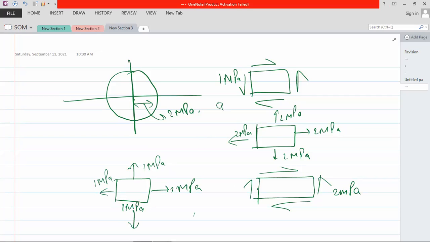So, what is the correct representation of the stresses if the Mohr circle is given, a circle of radius 2 megapascal centered at the origin?